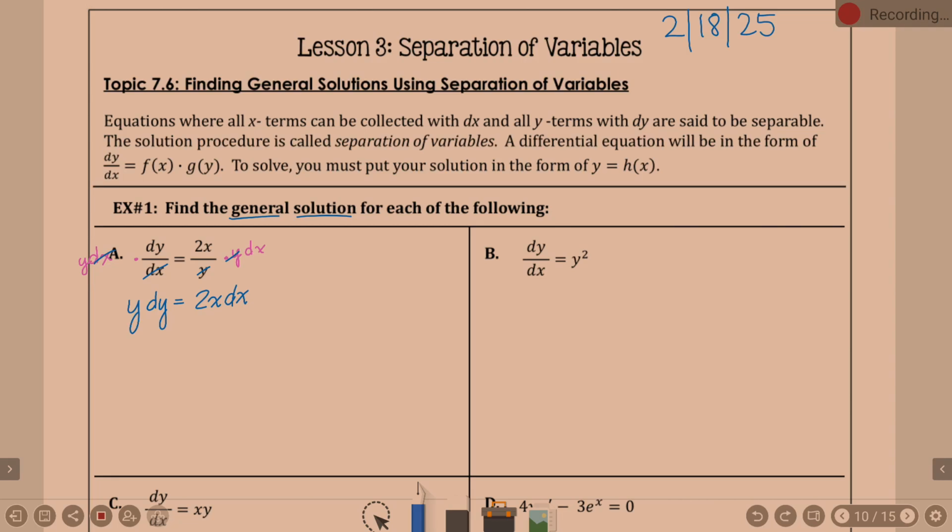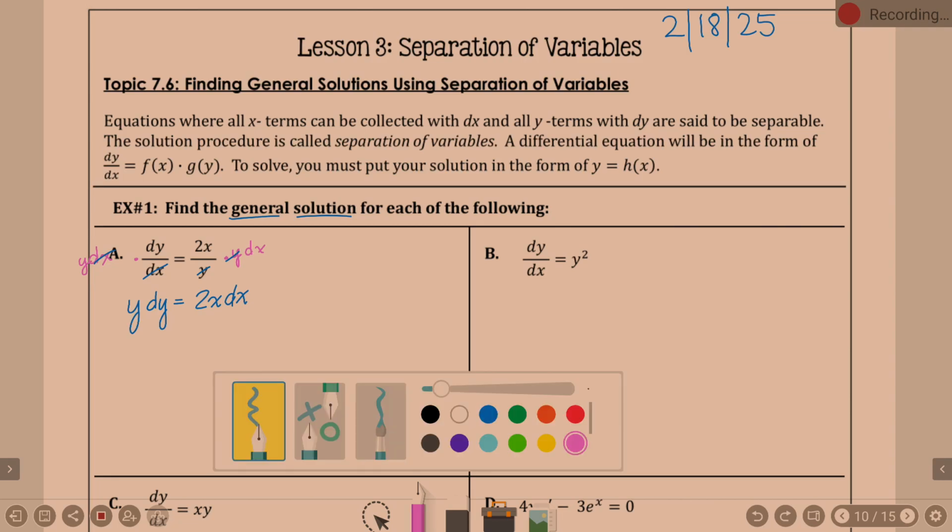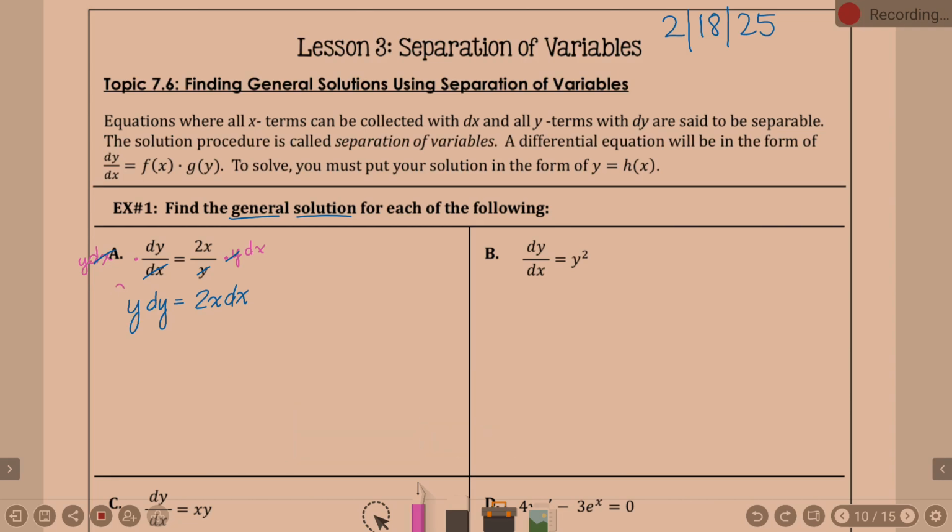Once you have your variables separated, what are we going to do? We're going to integrate. Okay. What's the integral of y dy? No. Go up in powers.